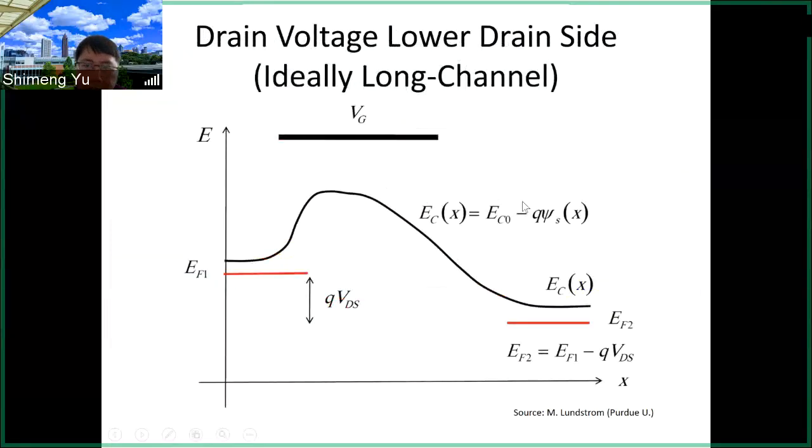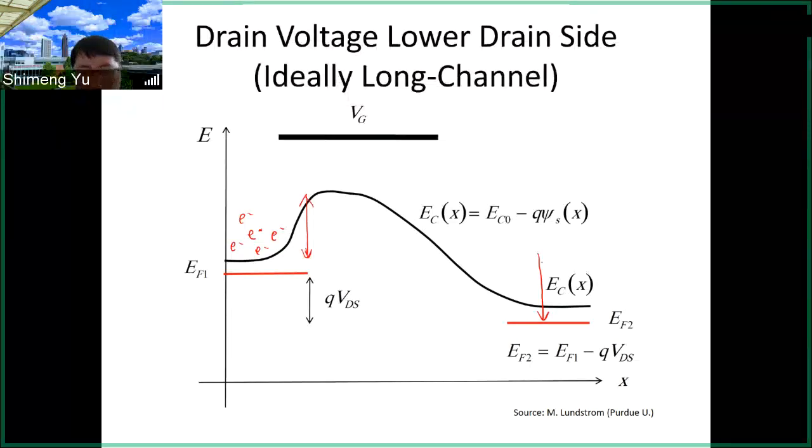And now if you apply the drain voltage here, then we think about this process. We have a lot of electrons in the source, but before you apply the gate voltage, the source to channel barrier is high.